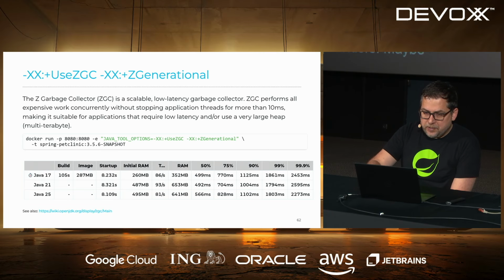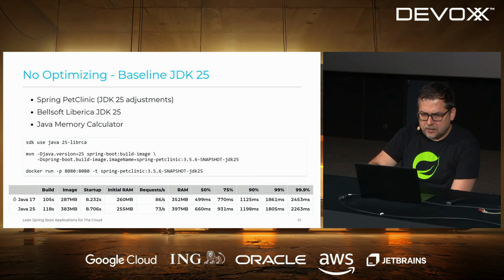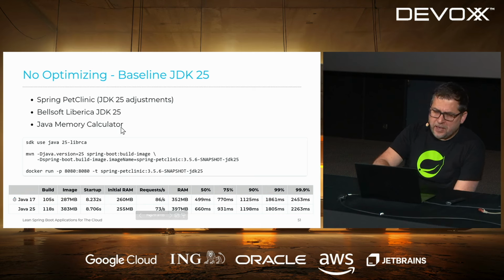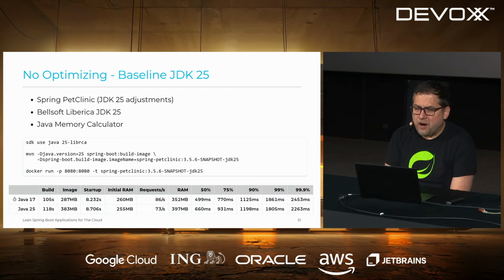Maybe jumping back here. Oh well, where were we? Jumping back shortly, because I wanted to show you why I'm using Bellsoft Liberica as the default JDK. It's because the Buildpacks by default are based on Bellsoft Liberica.